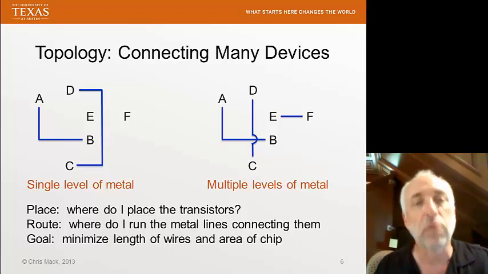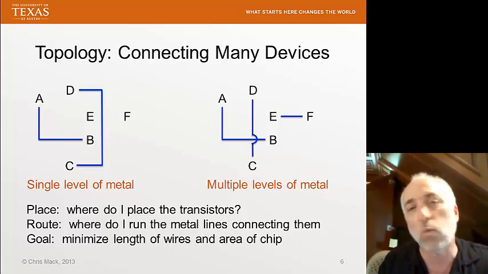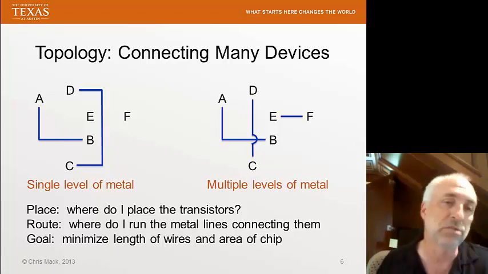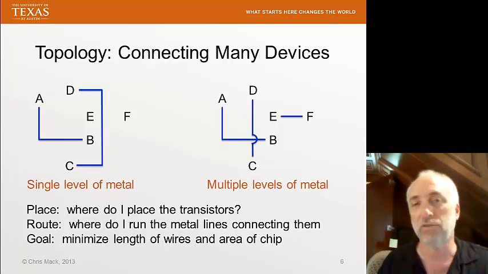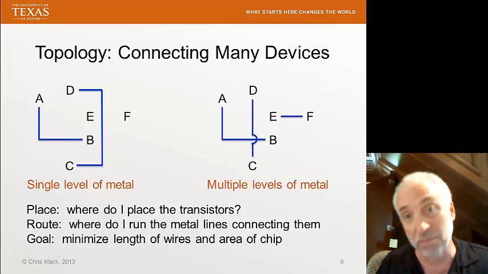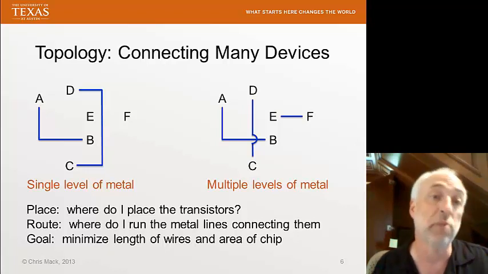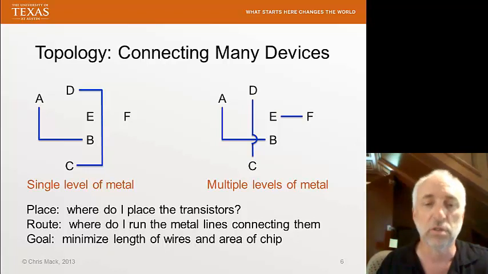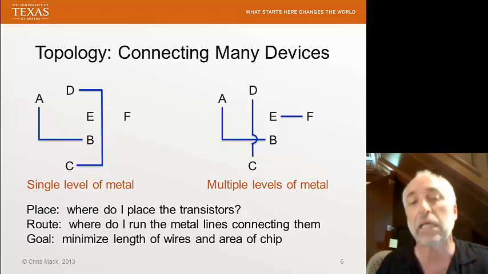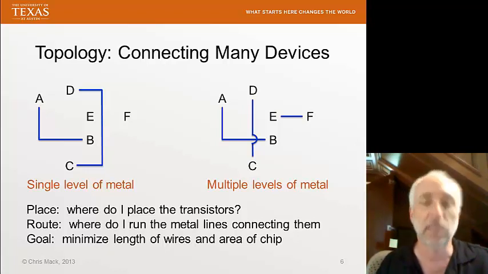The complexity of figuring out where to place all one billion transistors and how to route the wires for the billions, more than a billion connections between them, is a daunting task that requires some serious compute power to come up with even reasonable approximate answers for getting close to the minimum wire length and the minimum area of the chip.